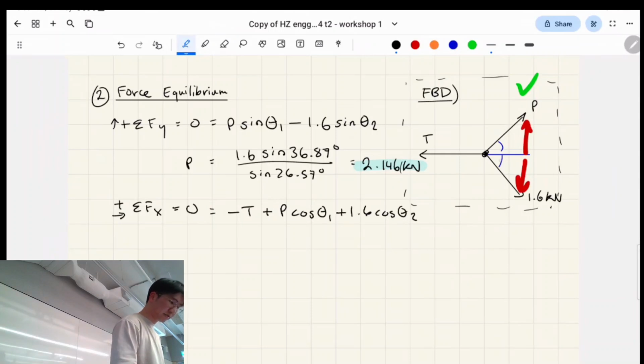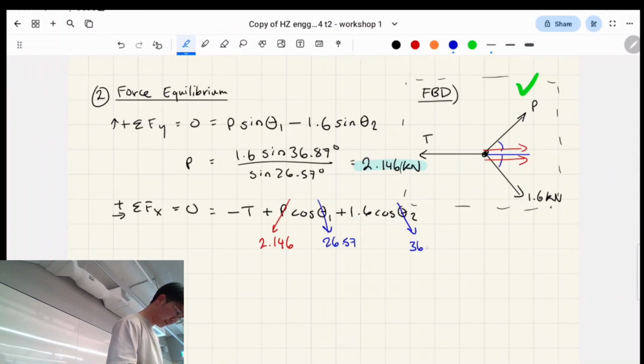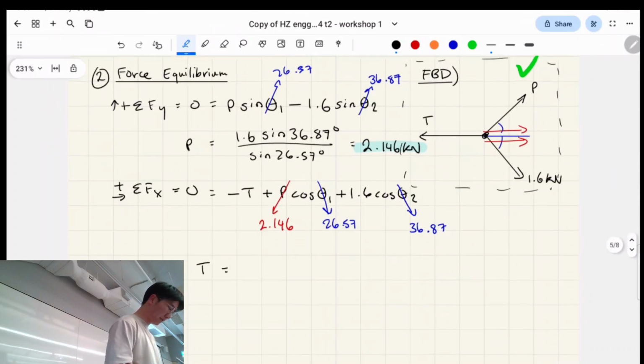So those are the horizontal components now that we're looking at for these two. That's that and that, right? Since we know P, right, and we know the angles, which are 36.87 and 36.87, let me just sub these in as well. Yeah? So now we just have one unknown to solve for, which gives us this answer.